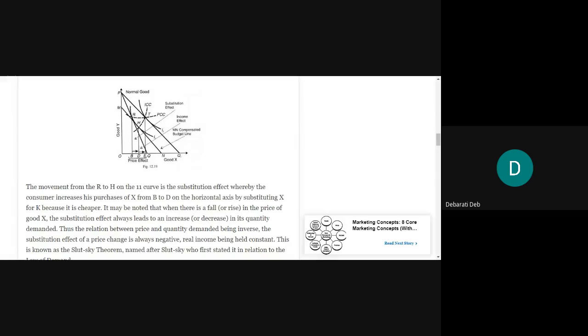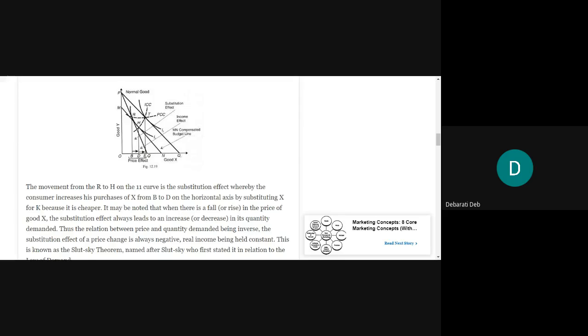It may be noted that when there is a fall or rise in the price of good X, the substitution effect will always lead to an increase or decrease in its quantity demanded. That means if price increases, demand will fall. That means the quantity of X purchased due to the substitution effect will fall.